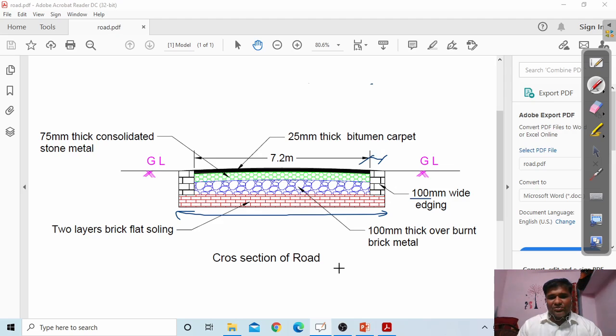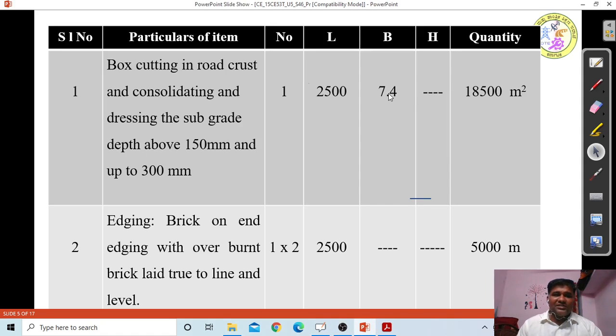So 7.2 plus 0.1 into 2 will give me 7.4 meters. So 7.4 meters is the total width of the earthwork done. So the quantity will be 1 into 2500 into 7.4, which gives 18,500 square meters, the area of excavation. After earthwork, I have to put the bottom two layers of soling, and then edging will be done.